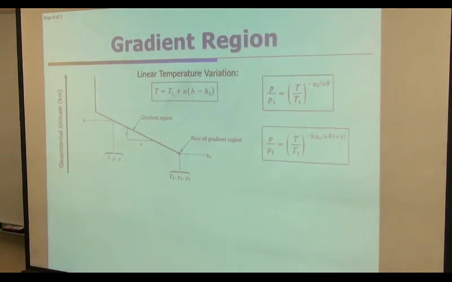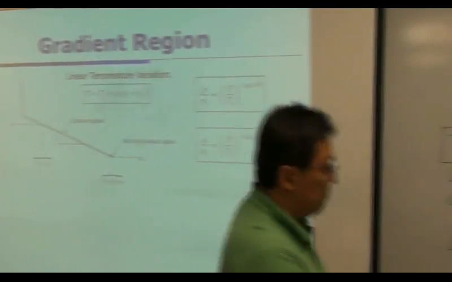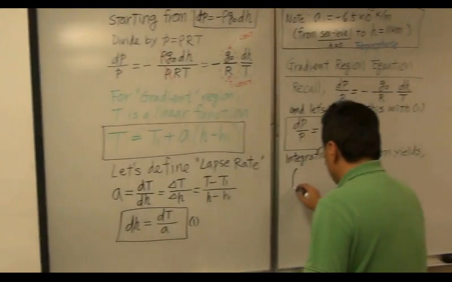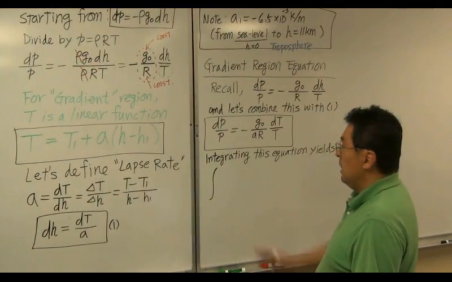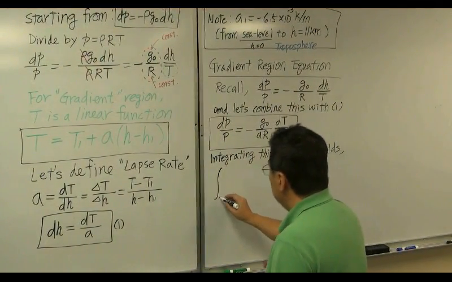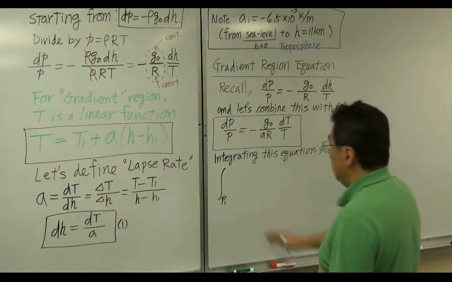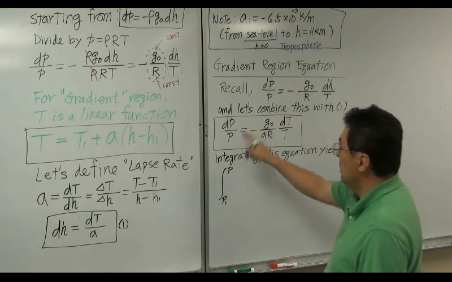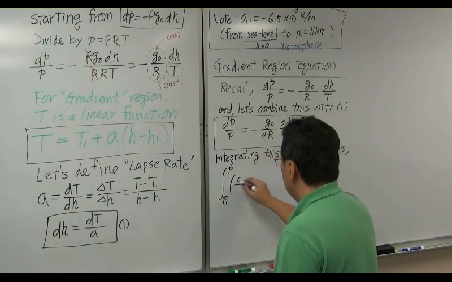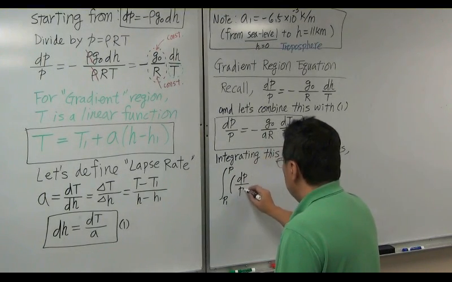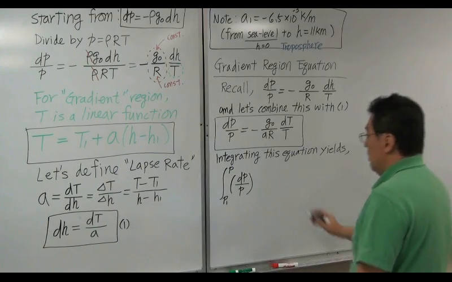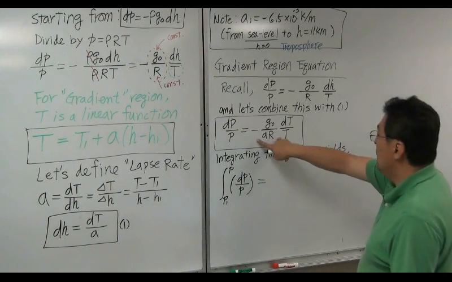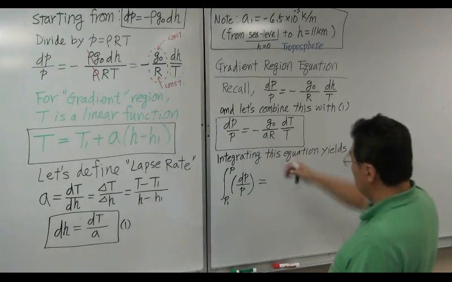Let's be careful. So we are going to integrate from altitude h1, where the pressure is P1, we know that. At altitude h, pressure is P, which is an unknown pressure, dP over P. Right-hand side, this whole thing is constant, goes outside of the integral.